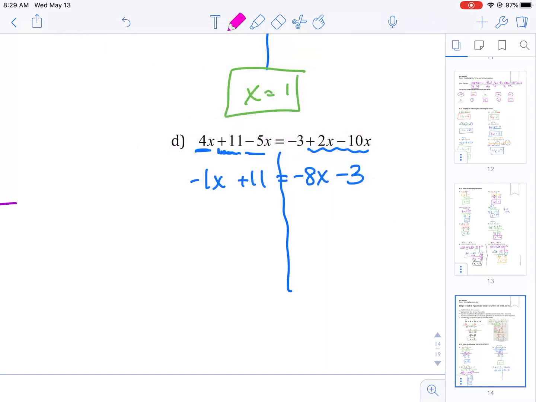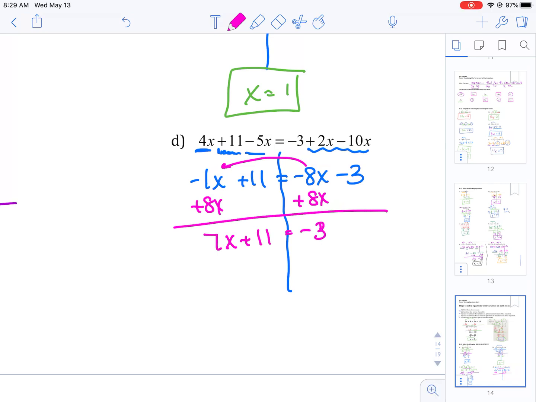Again, the hardest thing or the biggest thing that you guys are going to have issues with is the positives and negatives. So again, use a calculator, use your phone, whatever you've got. All right, so I've got a negative 8x, so I need to move the variables to the left side. So that means I'm going to do positive 8x. Negative 1 and 8 gives me 7x plus 11 equals negative 3.